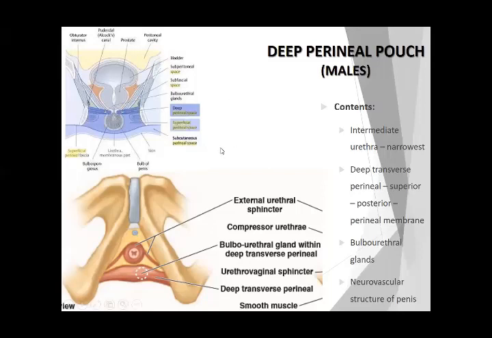Then the contents in the males include the deep transverse perineum. Now, this is the perineal membrane, and we are now viewing the perineal membrane from its superior aspect.